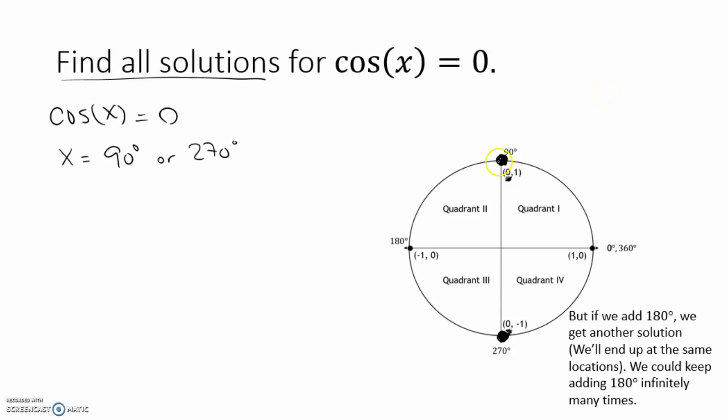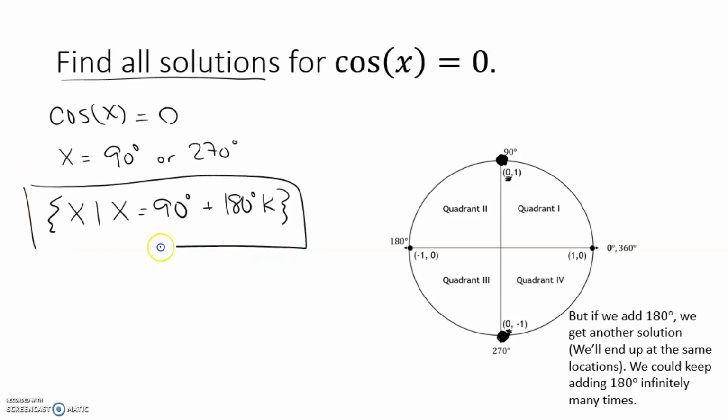So if I start at 90, to get to the next answer, 270, that has a distance of 180. If I was here, to get to the next answer, I would just add 180 and add 180 and add 180. So x such that x equals 90 degrees plus 180k. So I can add as many 180s to this 90 and get back to the same position over and over, and this position as well. So this would be our final answer.